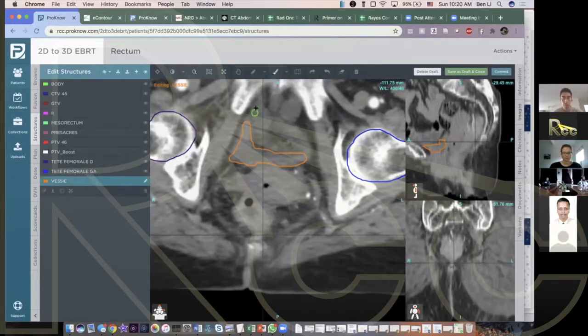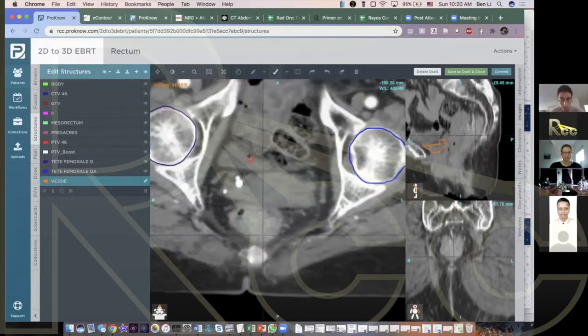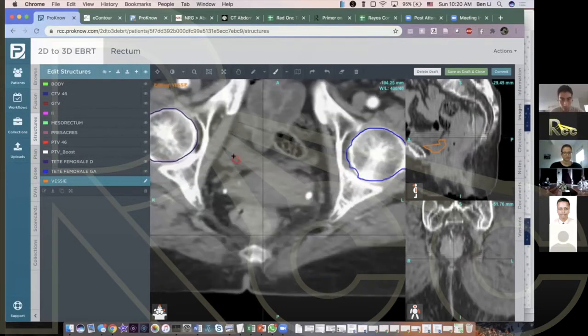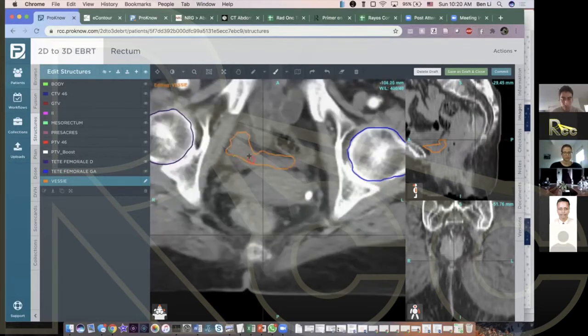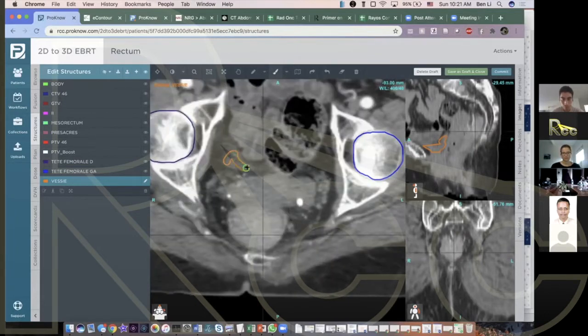Maybe I'm a colleague in the center and I'm just making sure that everything looks good. I might look at this and say, well, I think some of this is actually also bladder. So I want to make sure that we're not missing this. So I'm going to cover this, make sure we're not missing any of the bladder, even the tip.